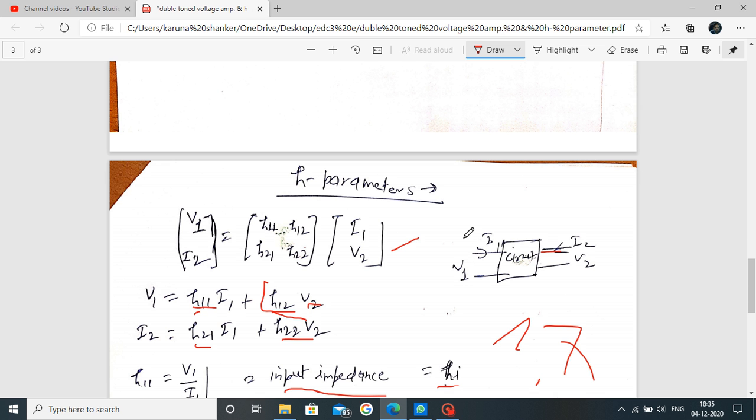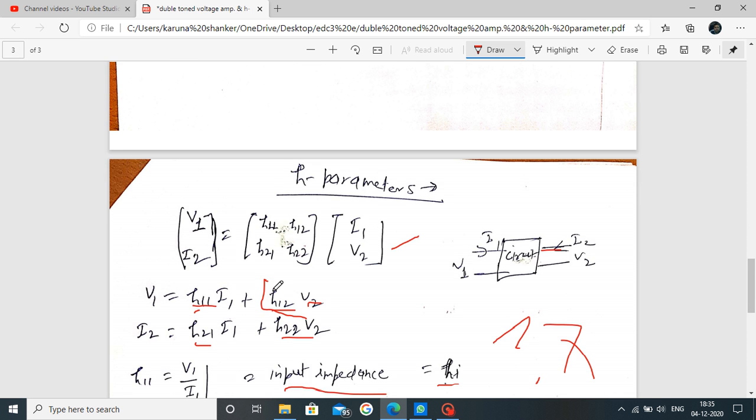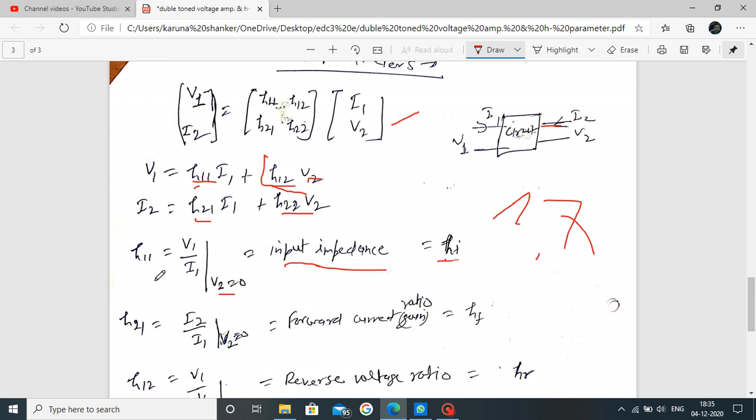We already studied this H parameter in the subject network theory. This is H11, V1 over I1 with V2 equal to 0, and this is called input impedance. In terms of a transistor we use the notation H with suffix i, hi.